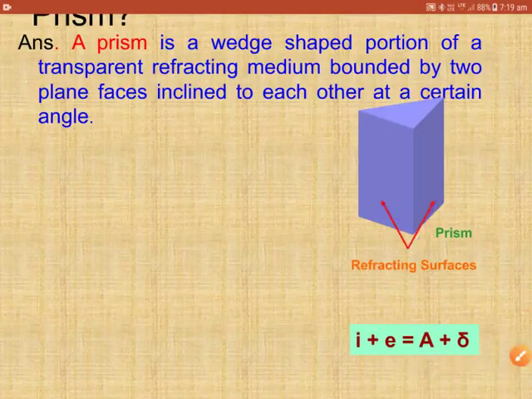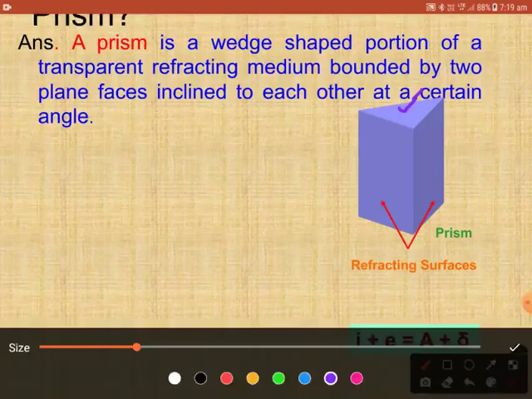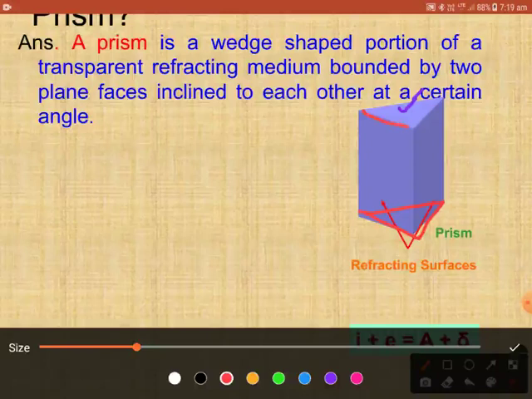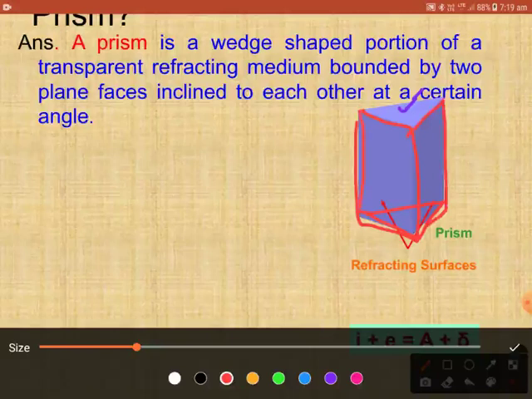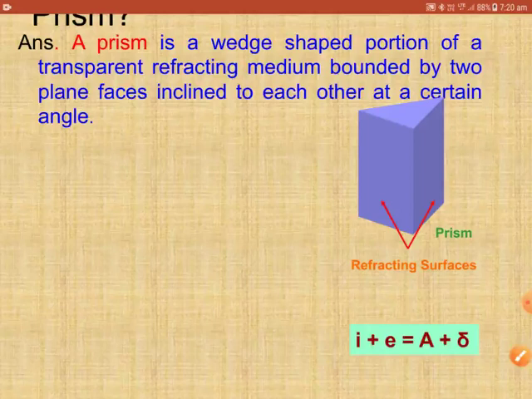Now you may say that there is one rectangular, one triangular face also there, and one triangular bottom may also be there, somewhere here like this. So there are many faces, rectangular faces, one here and on the other side also there will be one rectangular face. I'm not talking about all those surfaces. What I'm trying to say is that this is bounded by two plane surfaces inclined to each other making an angle.